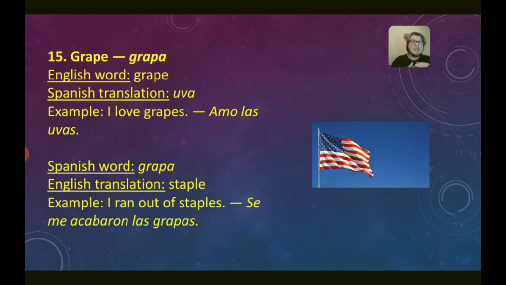I ran out of staples. And grape is uva, the fruit that you can eat or that you can produce wine with, but it's never grappa. Grape is uva, grappa is staple, depending on the country.